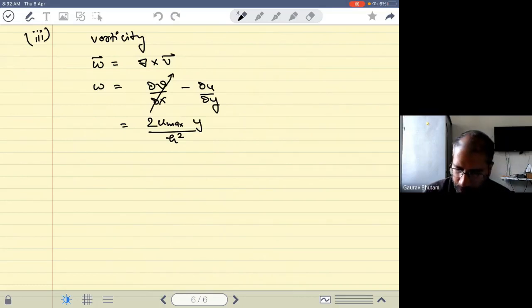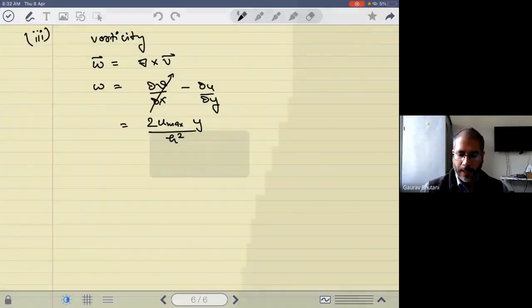Okay, so we can see that in this case the vorticity is non-zero in the complete channel, except at the center. Everywhere else the vorticity is non-zero. And that makes sense because if you remember, when I talked about irrotational flows, I mentioned that the flow is irrotational in the region where the viscous effects are negligible.